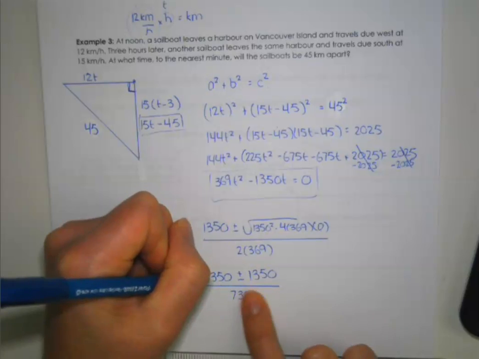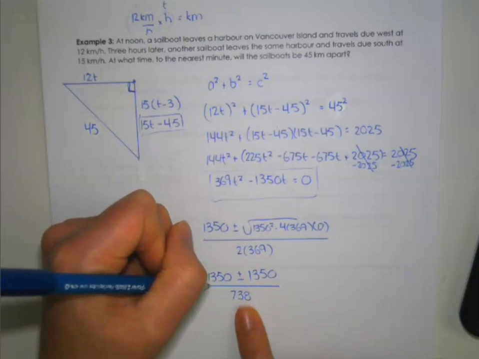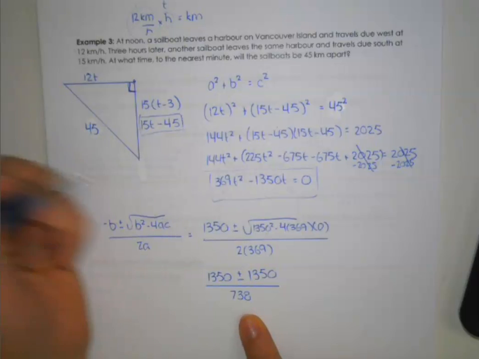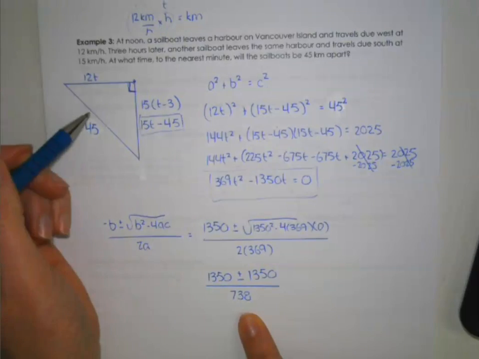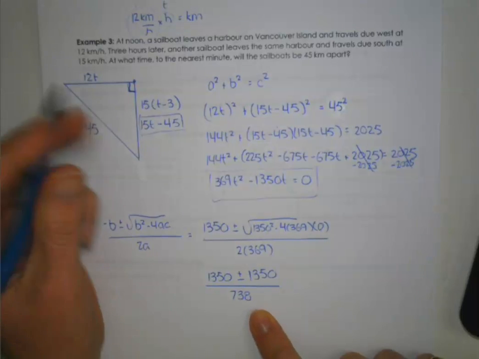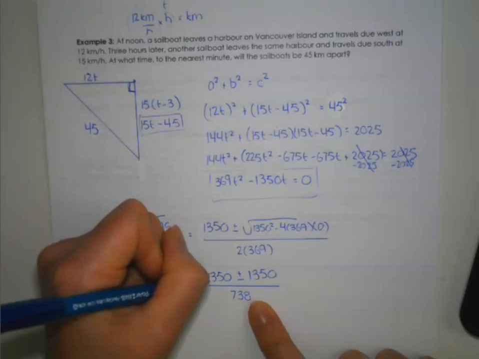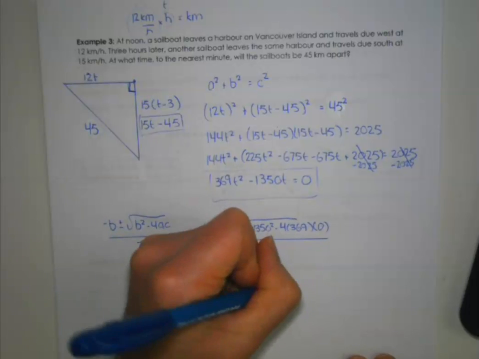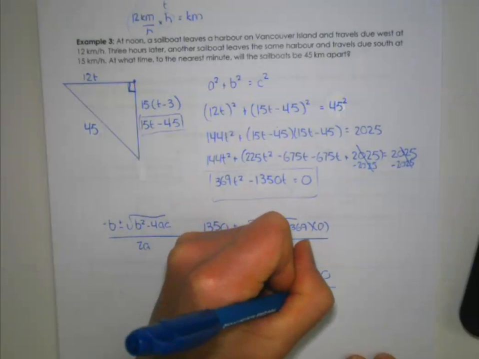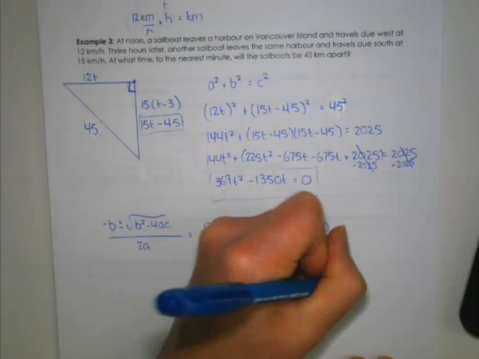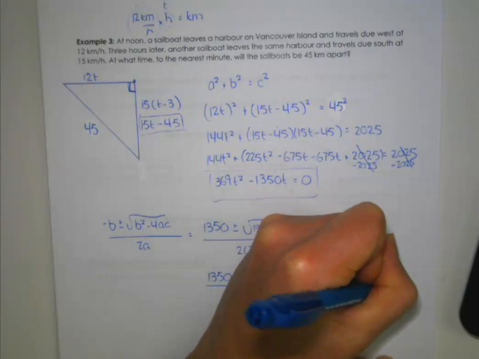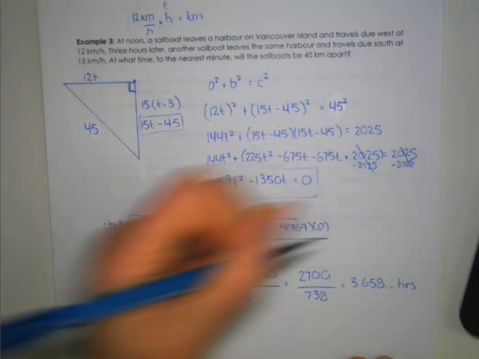So if we do 1350 minus 1350 divided by 738, we get 0 divided by 738, which is just 0. And we know that the boats aren't 45 kilometers apart at 0 hours. So the only other option would be 1350 plus 1350, which gives us 2700 divided by 738. And that gives us 3.658, something like that, hours.